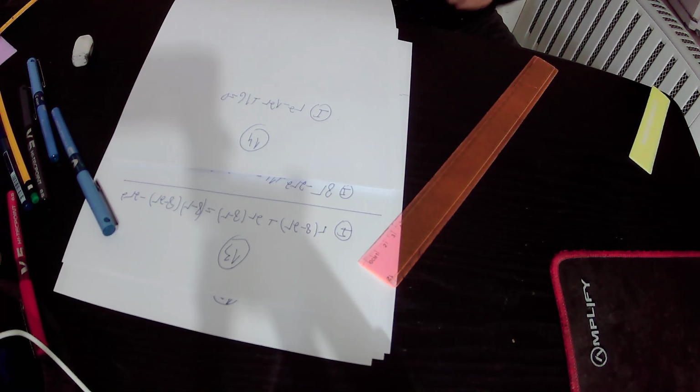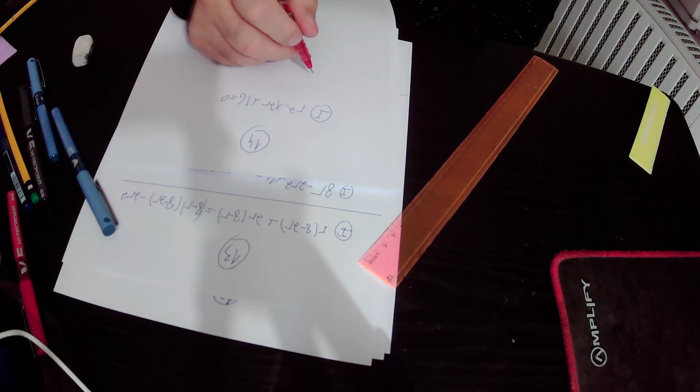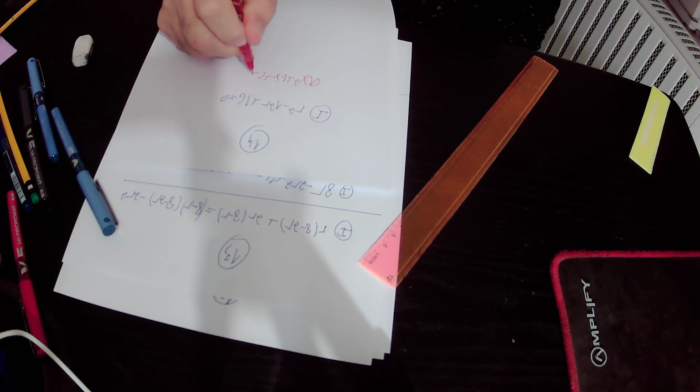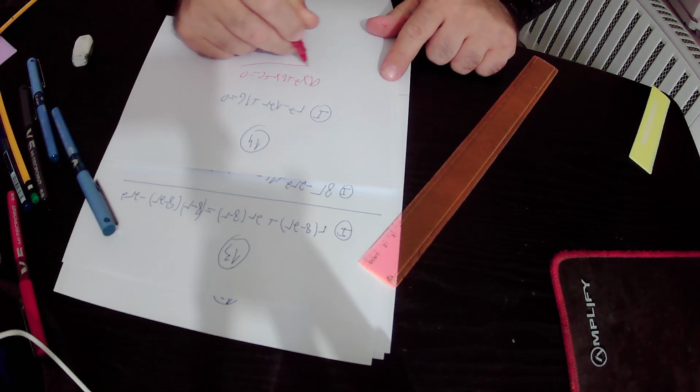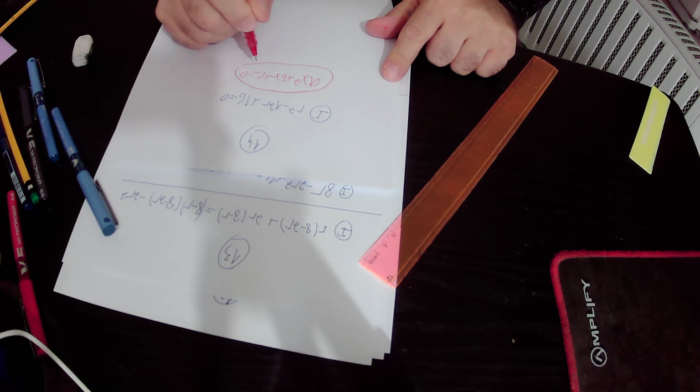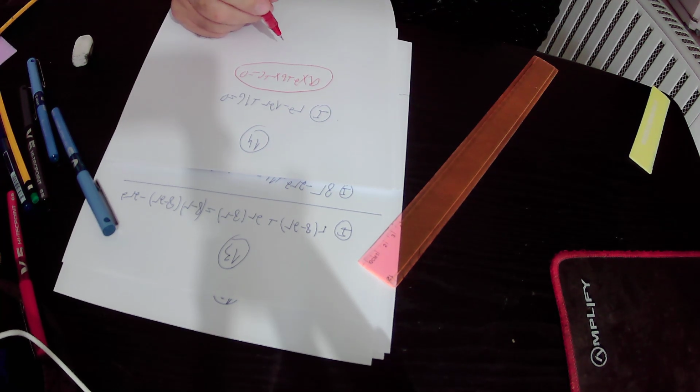Actually, the general formula for a quadratic equation is ax squared plus bx plus c equals to 0. Here a, b, and c are the coefficients of this quadratic equation, and x is the variable that we are looking for.